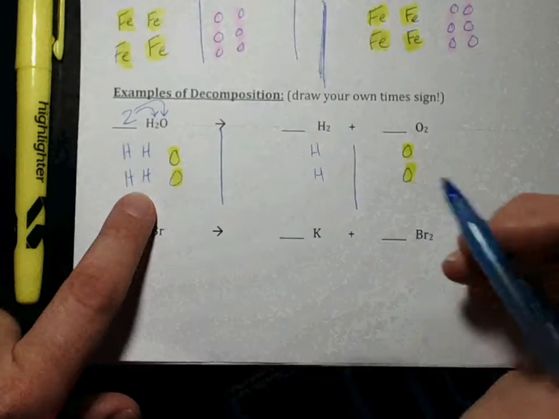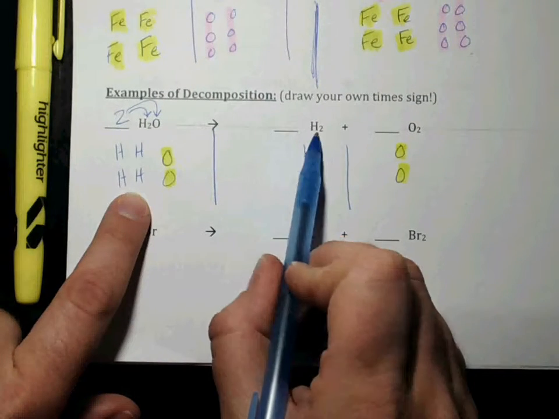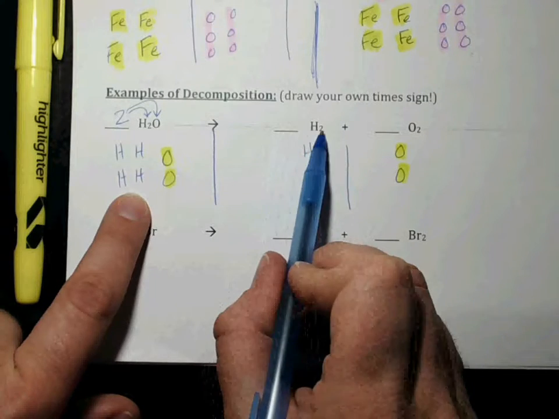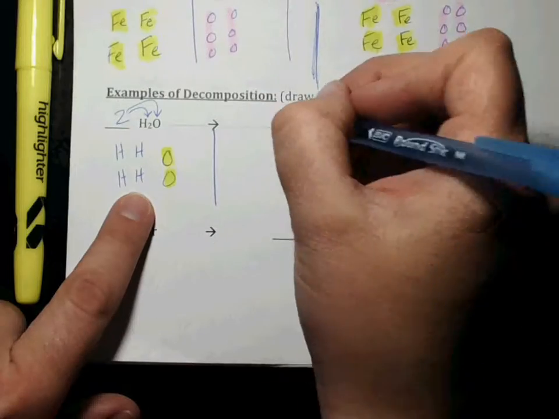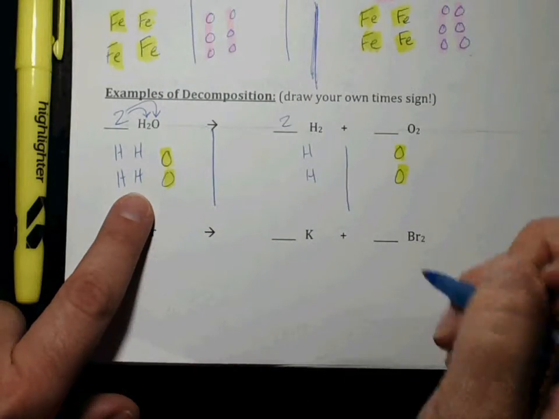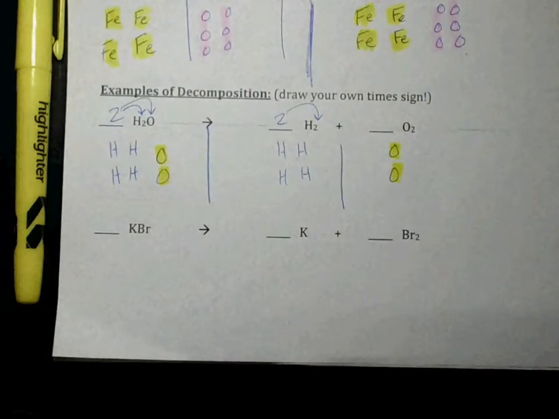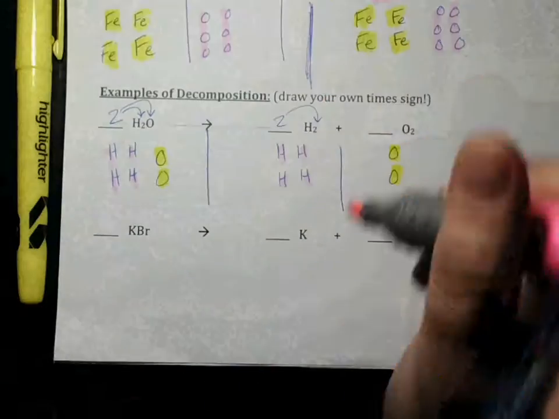So if you want them to match, you're going to have to also put a coefficient here to multiply times this 2 to get it up to 4. So something times 2 needs to equal 4 like what we have on this side. If I do 2 times 2, then I can get to 4 hydrogens. And then all my hydrogens on the left side and the right side match as well.